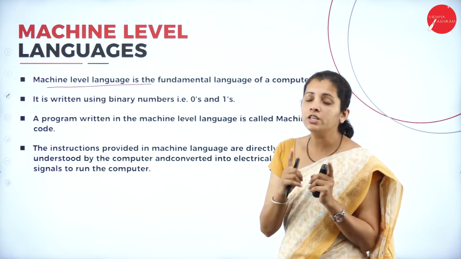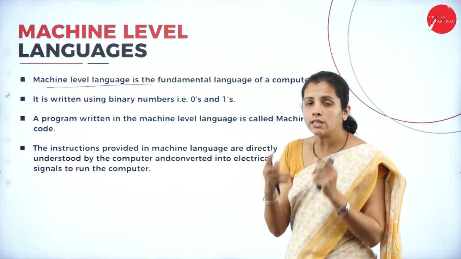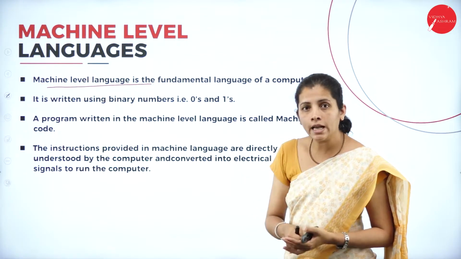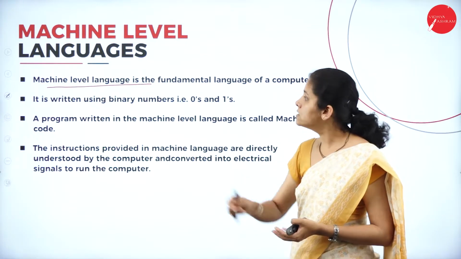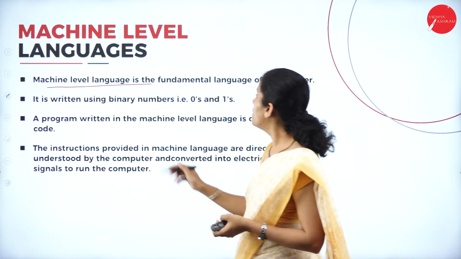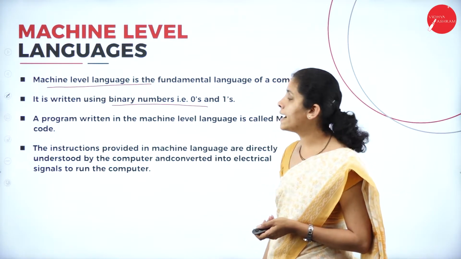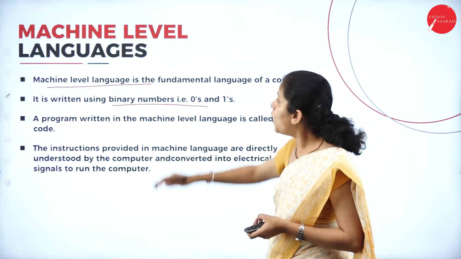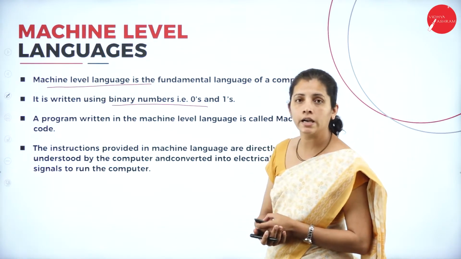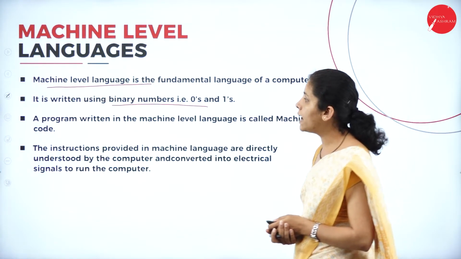So here the machine understands only zeros and ones. So what's the common language of any computer system? That is machine level language, and it is written by using binary numbers, that is 0 and 1. So all the machine languages are written by using binary numbers, that is 0 and 1.